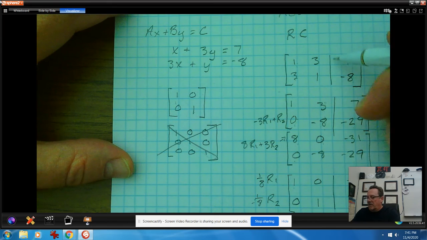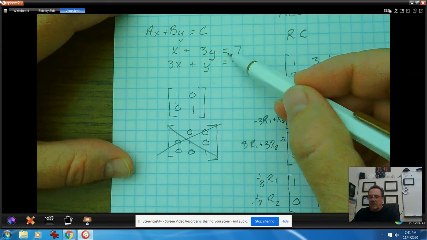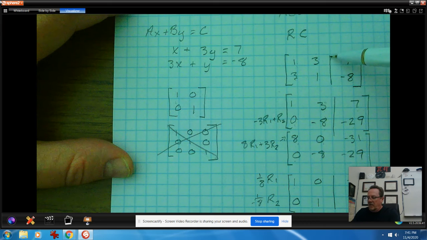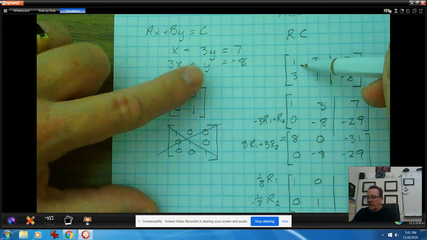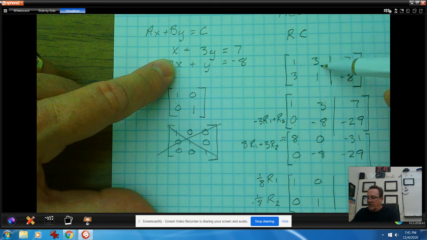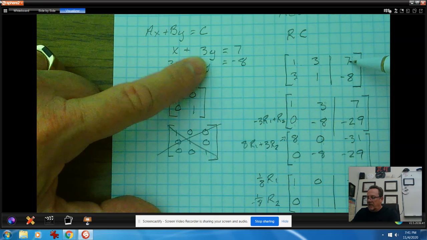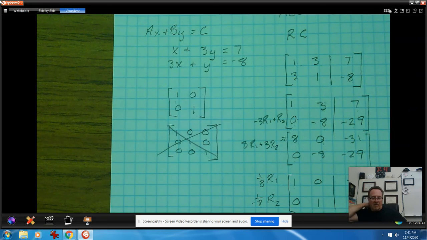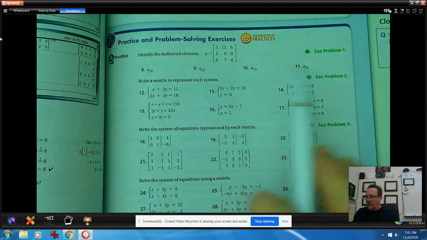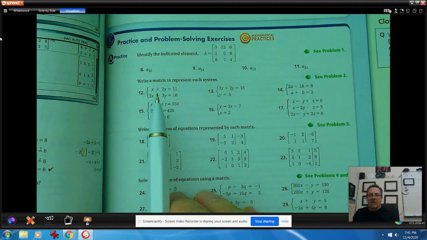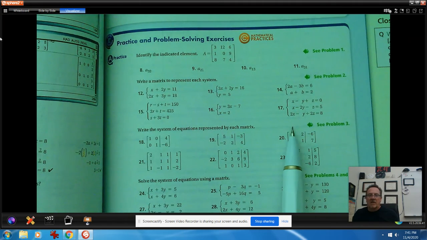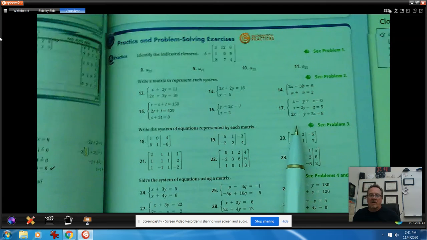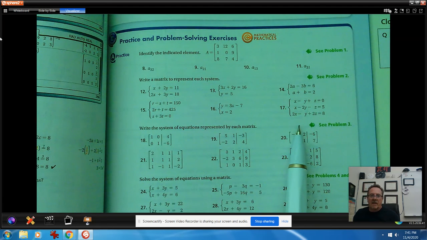It's augmented, so you put a line where your equal sign would be, right? That's 1 from your x value, that's 3 from your y value, and that 7 goes on the other side of the line. Okay, you just do that for each equation. Each equation is its own line. That's just what you do. So you're talking 8 through 11, piece of cake, just figure out what the number is. 12 through 17, you're just writing these equations into a matrix, okay?